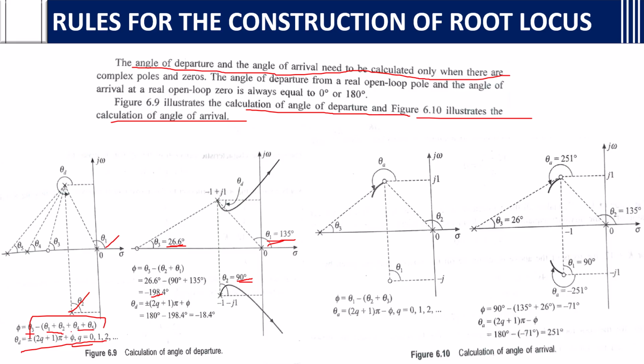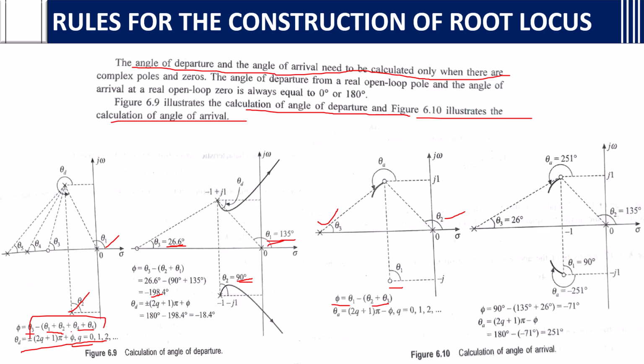In the same way, here we are calculating the angle of arrival. How is it calculated? See here, phi equals theta 1 minus theta 2 plus theta 3. Arriving means first we take theta 1, then theta 2 plus theta 3.